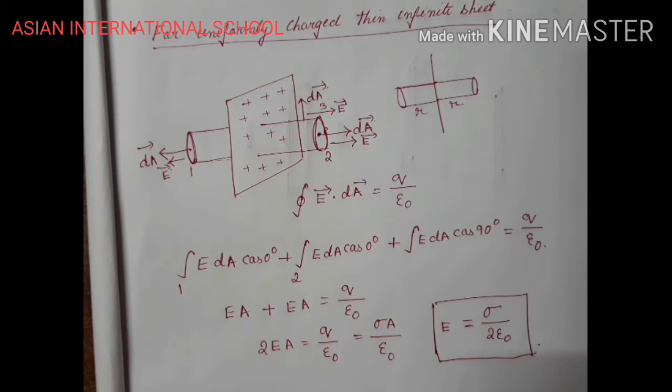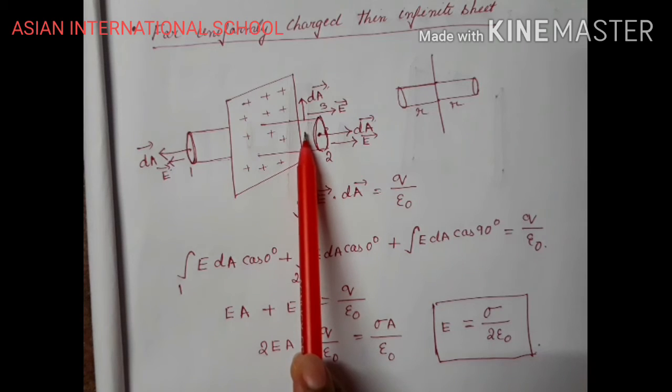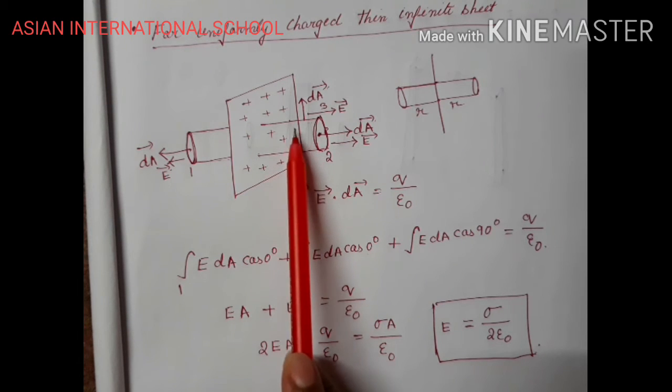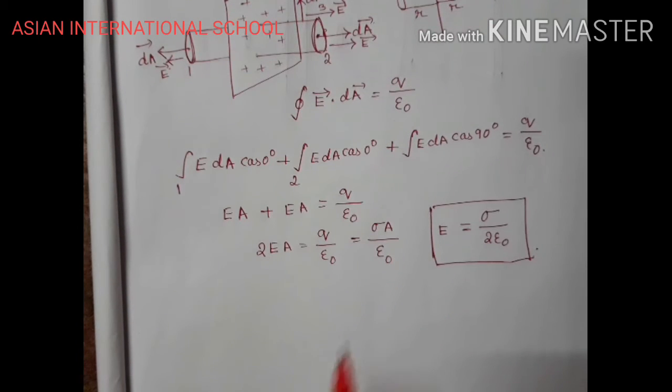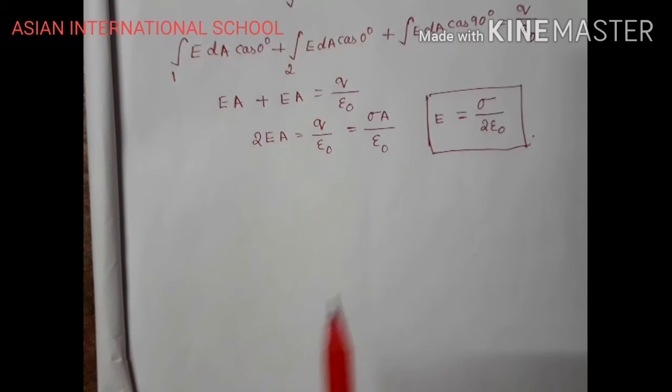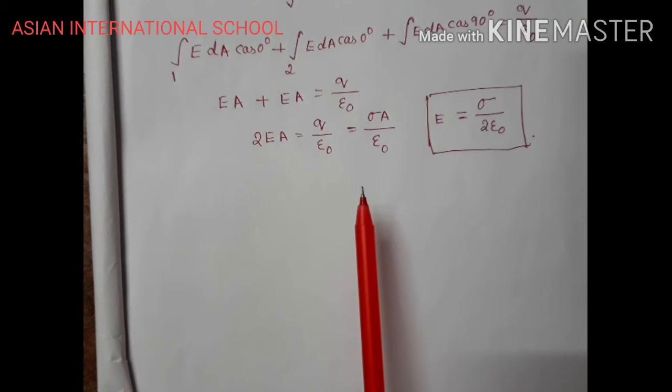Your sheet is very large compared to the distance where you are calculating the electric field. Suppose you have a very big sheet, and you are calculating the electric field just 2 millimeter above it.